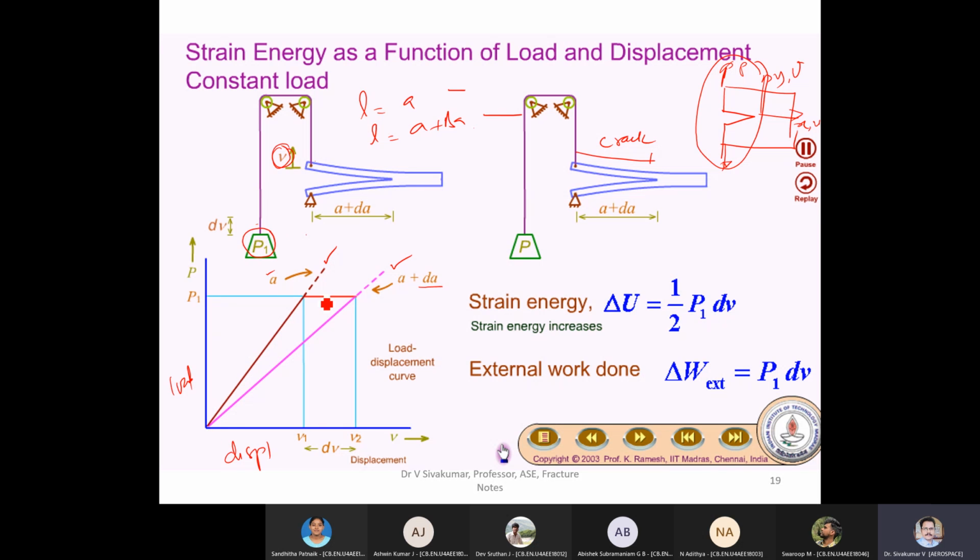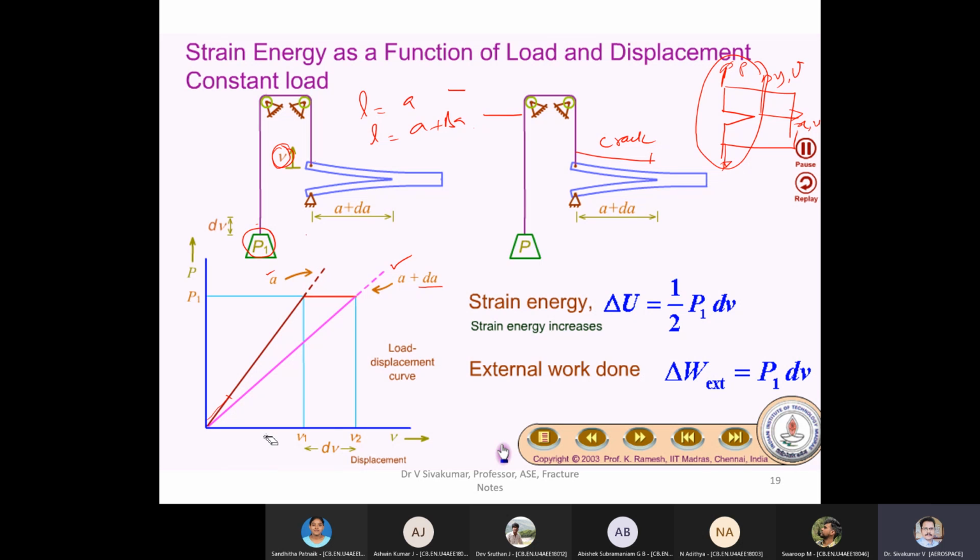As my load increases, my displacement also increases. That is how my curve goes like this, for crack length A.